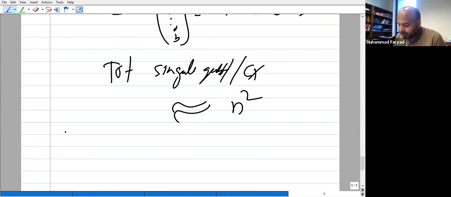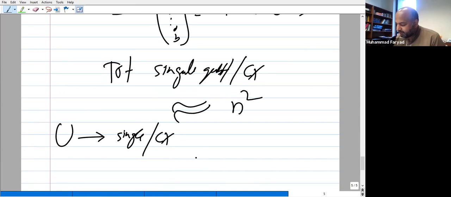And if I count the number of gates all the way from a general unitary after breaking it down to single qubit or control X gates, my total number of gates are essentially less than or equal to, but of the order of n square.